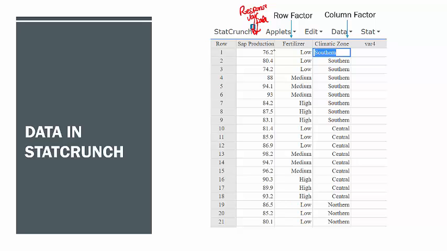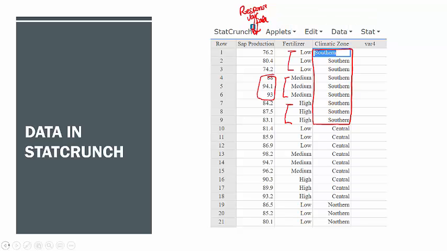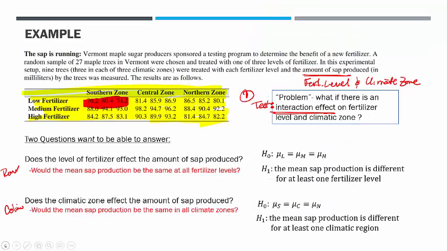Let's do it this way here. The climate zones, the way I organized this. Look at these first 9, they are all in the southern climate zone. 3 that are low, 3 that are medium, 3 that are high. So let's just take this southern medium: 88, 94.1, and 93. Let's go back and check that: 88, 94.1, and 93.